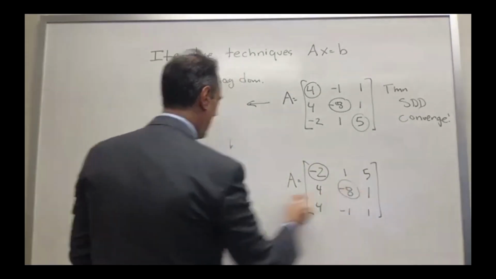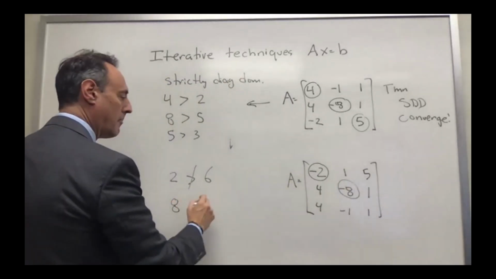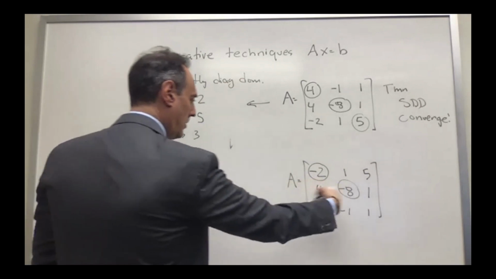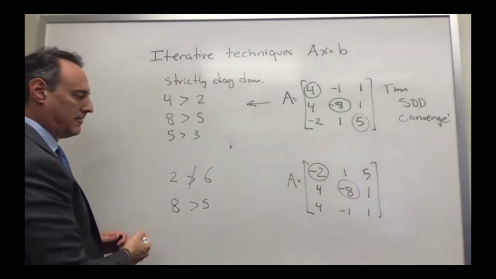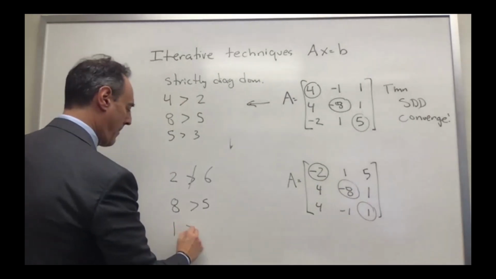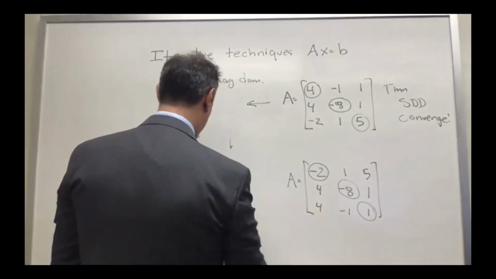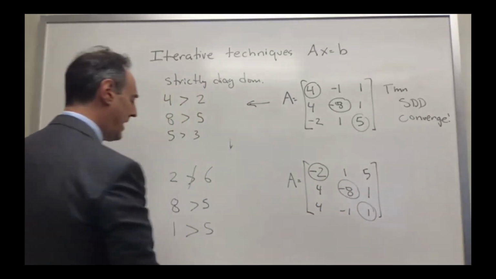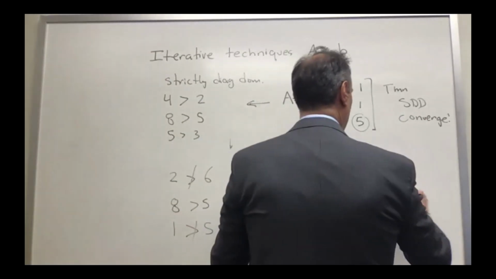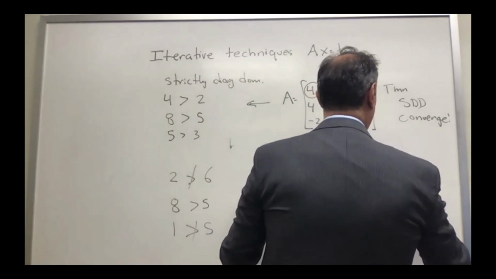The second row, is 8 bigger than the sum of the other two columns? 5, it is. Finally, this diagonal is 1. Is that bigger than the sum of the other two, absolute value of the 2? 5, it's not. So this is not strictly diagonal dominant.